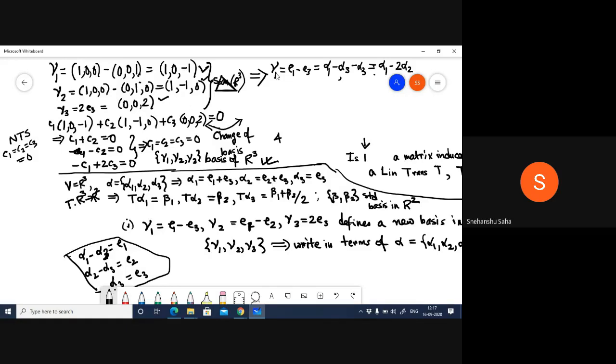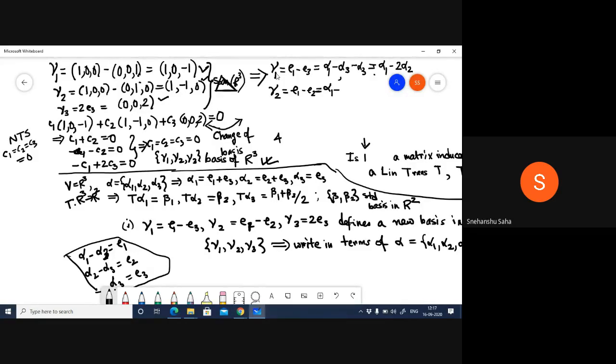Similarly, gamma 2 is defined as E1 minus E2. If I subtract these two, alpha 1 minus alpha 2 is nothing but E1 minus E2, right?